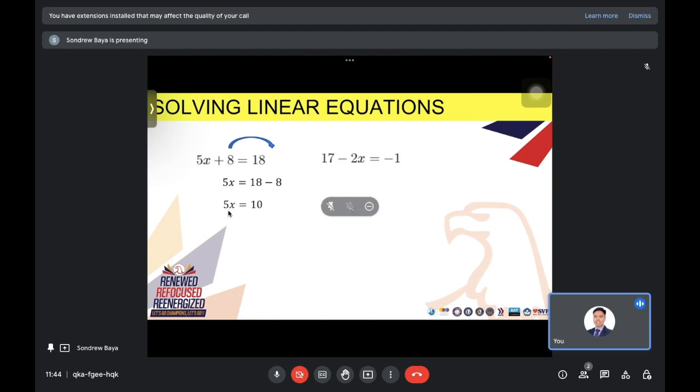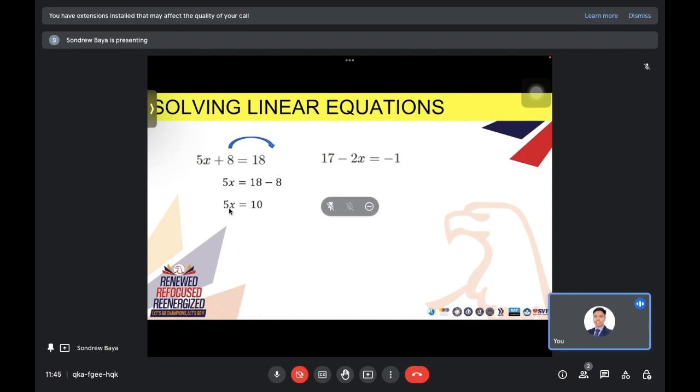Now, to further find the value of x, we have a coefficient of 5. Take note, this is 5 times x. Thus, this is not a term, so we cannot transfer it to the other side the way we did with the 8. To eliminate the 5, we have to do an inverse operation.